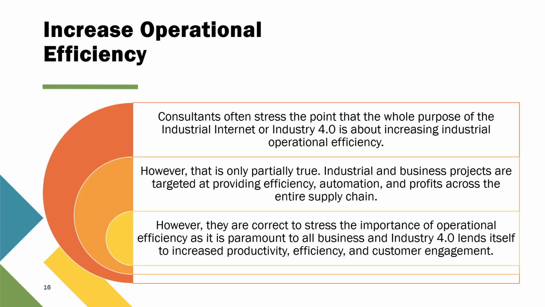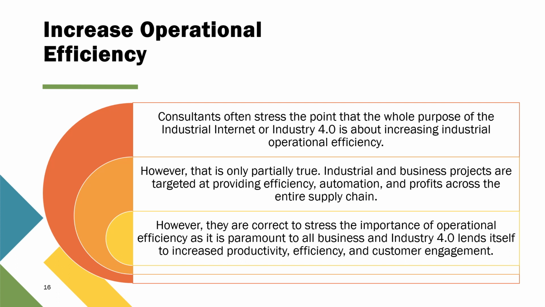The next step for the digital transformation will be to increase operational efficiency. Consultants often stress the point that the whole purpose of the industrial internet of things, or Industry 4.0, is to increase industrial operational efficiency via the digital way. However, that is only partly true.